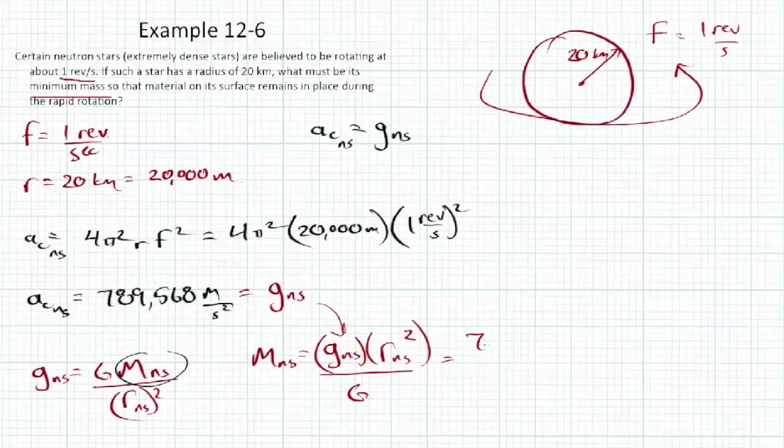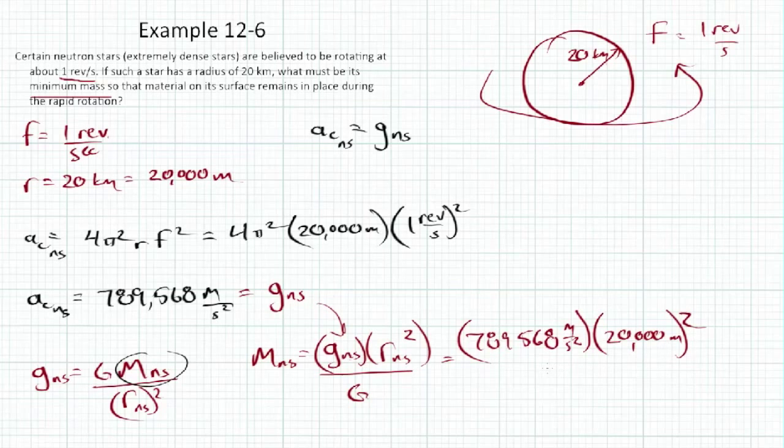So that would be what, 789,568 meters per second squared. That is just ridiculous. Times the radius of the star, 20,000 meters. That value squared, right?